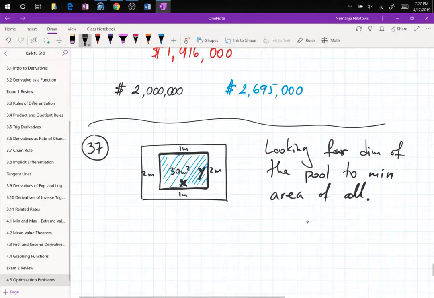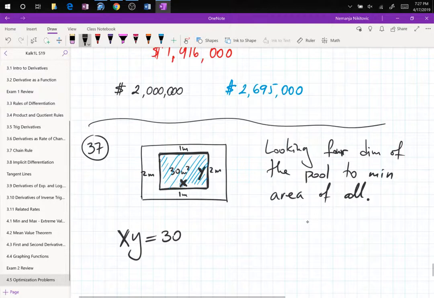And immediately that should give you constraint, right? What's my constraint? It says 30 meters squared. XY equals 30, right? Meters squared is area. And you have a rectangular pool, therefore XY equals 30 is going to be the constraint.